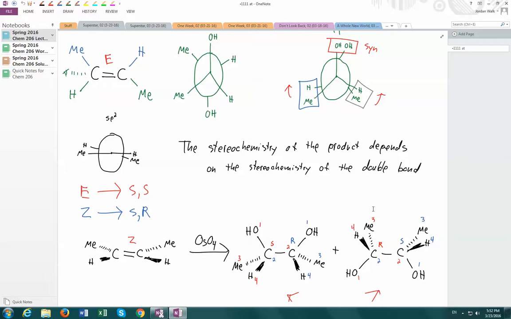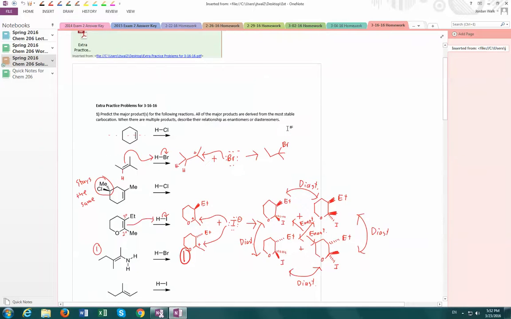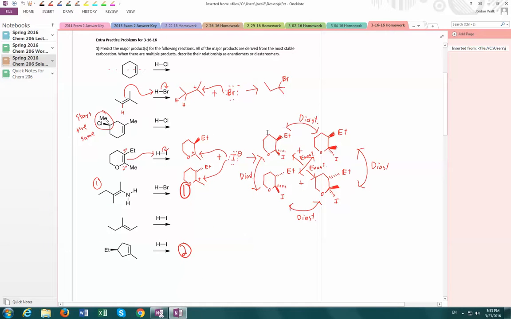It's unrelated, but on the homework from the 16th, the first page, the fourth one down. I don't really understand why you added the carbocation to the secondary. Is that something to do with the oxygen?